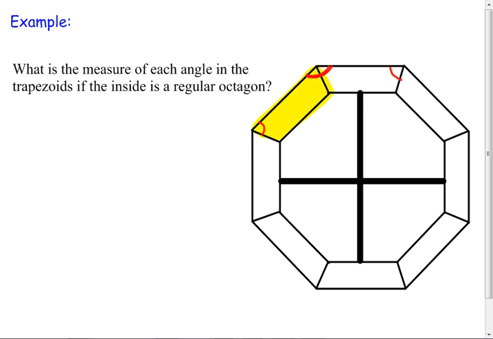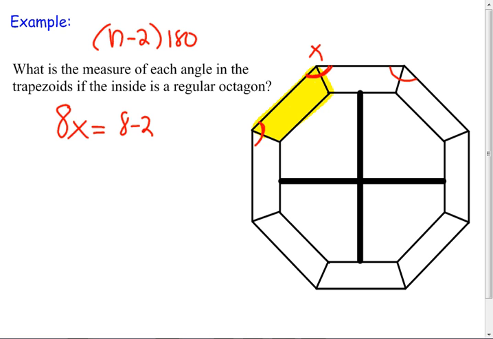What's true about all these angles right here? They're all congruent. So you have 8 of those. Call it x. So 8x equals, I don't know how many degrees in an octagon, so I'm going to have to use the formula. So it's n minus 2 times 180. So it's 8 minus 2 times 180. 8x equals 6 times 180.